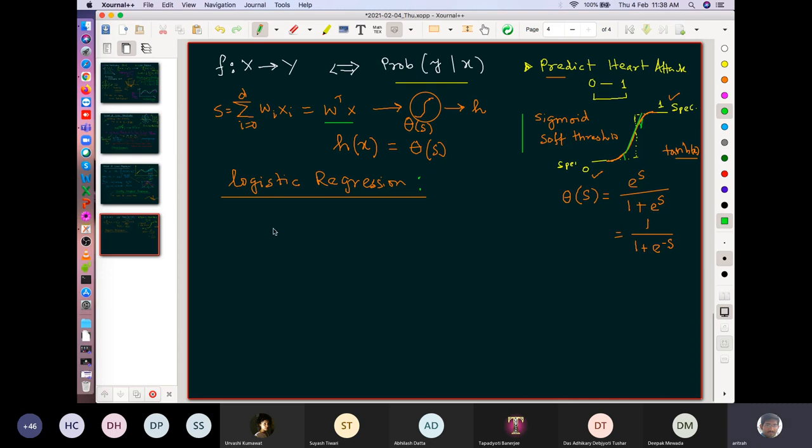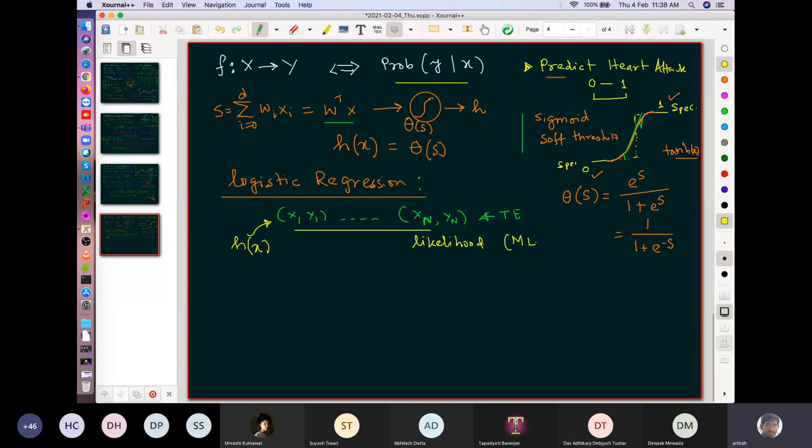So therefore, now you will see that in this logistic regression, the probabilistic interpretation of it is that you are given the data x1, y1 up to xn, yn as your training examples. Now you are trying to find a hypothesis that best fits the likelihood of the data.